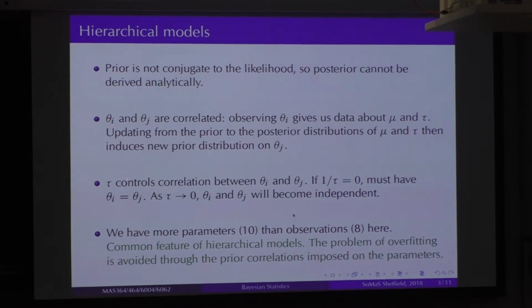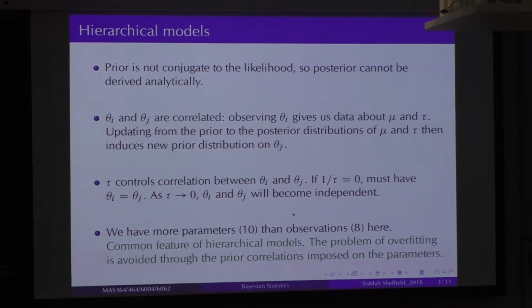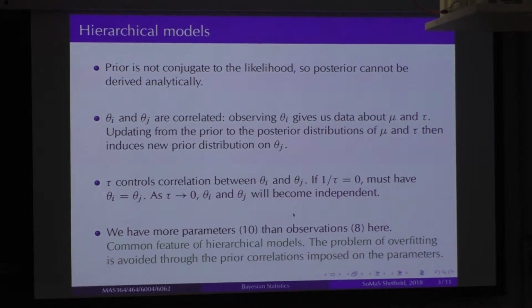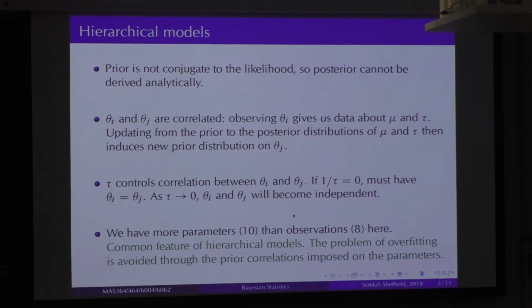The parameter that we use for the population model of the effects, the precision, controls how much these theta i's depend on each other. If that precision is high, that means that they are closely distributed together, so you say that the theta i's are very similar.